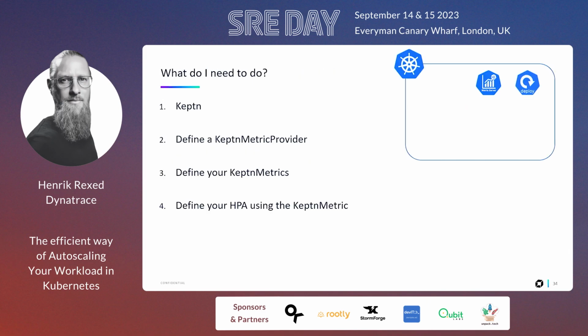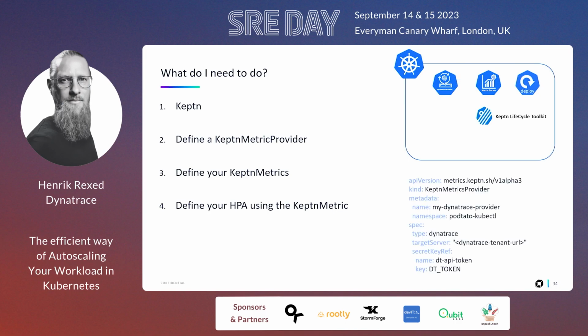So what should I do to take advantage of that? First, of course, I have my deployments. I will need to deploy the metric server of the Keptn Lifecycle Toolkit, and I will have to create what we call a metric provider. The metric provider defines how Keptn will connect to the API exposing those metrics.